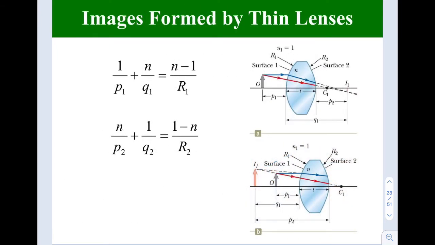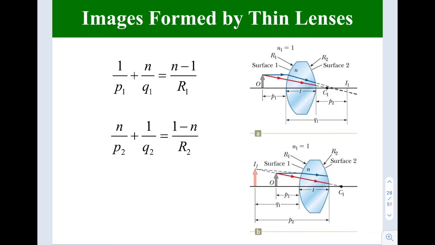Image formed by thin lenses. Lenses are commonly used to form images by refraction in optical instruments such as cameras, telescopes and microscopes.